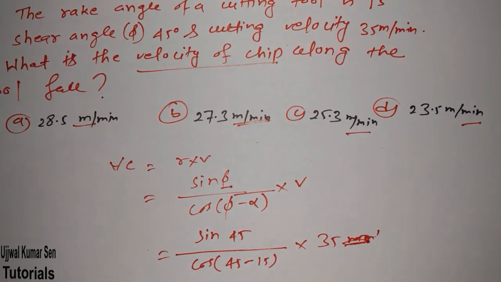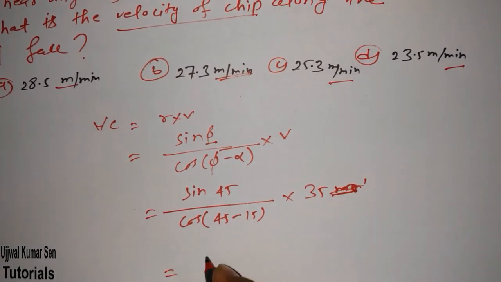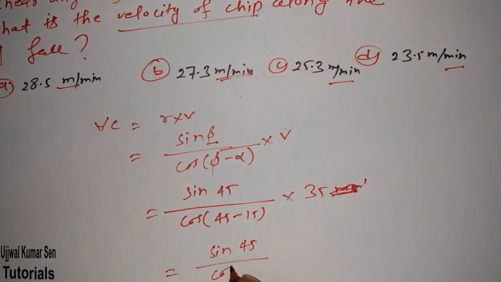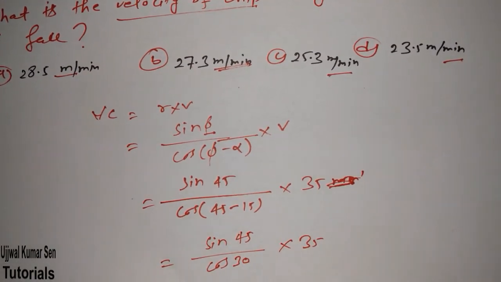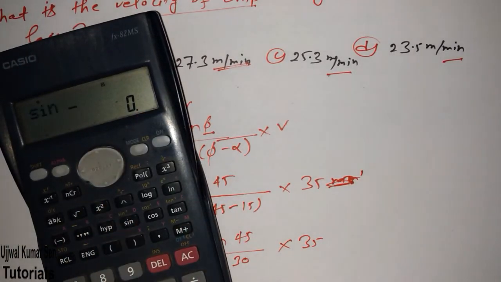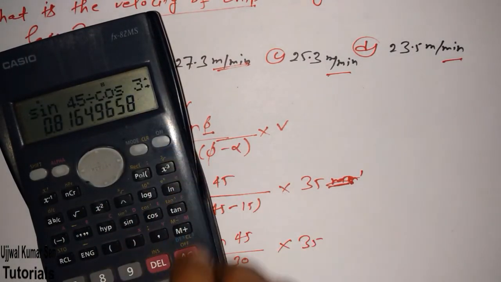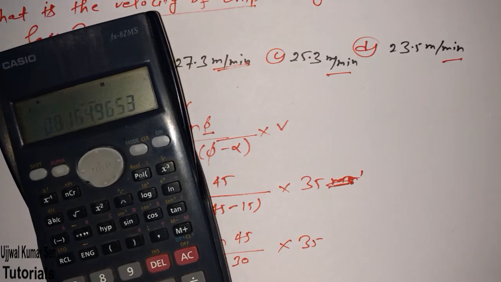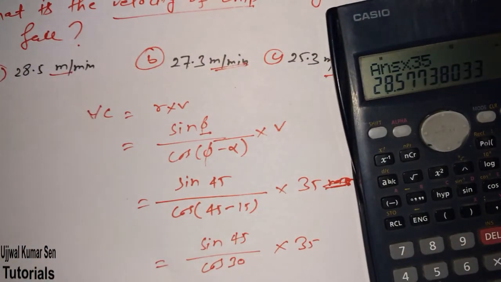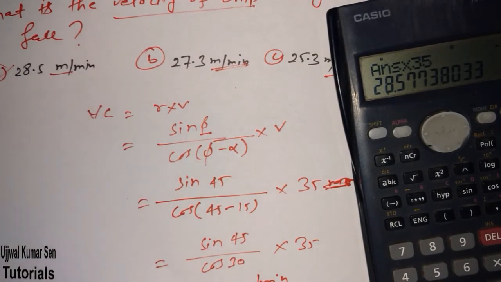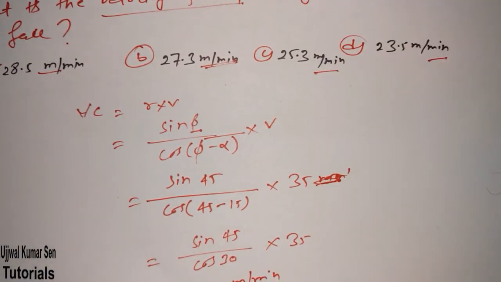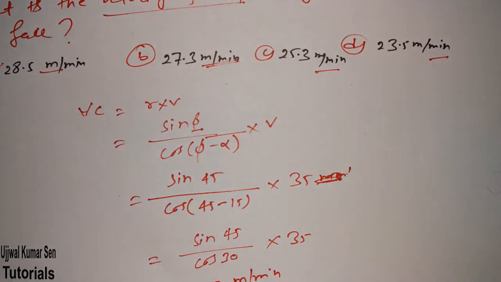No need to take tension for units. Now we need a little simplification, using the calculator. We got sine 45 divided by cos 30, multiplied by 35. The answer is 28.57 meters per minute. The exact answer matches option A. So no need to delay, just mark the right answer and get marks.